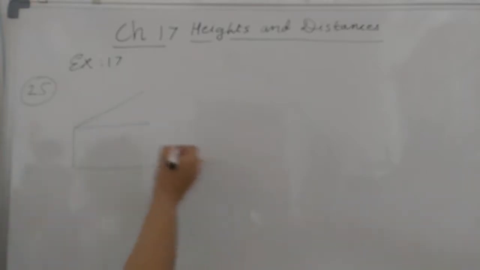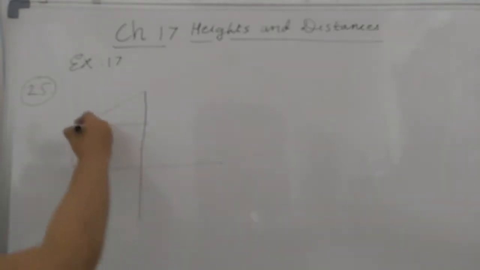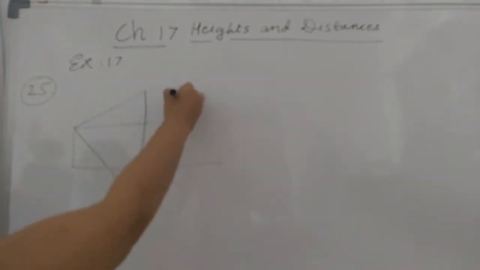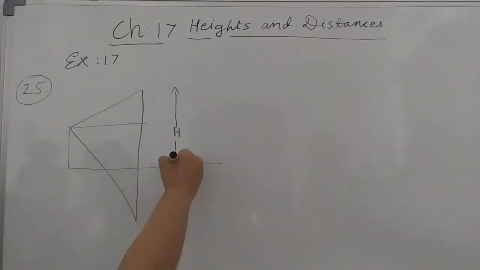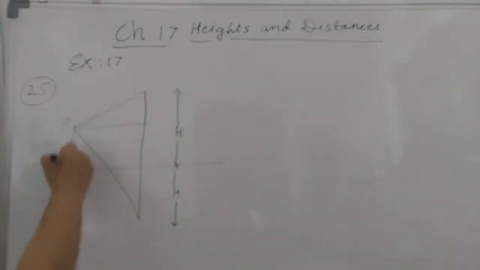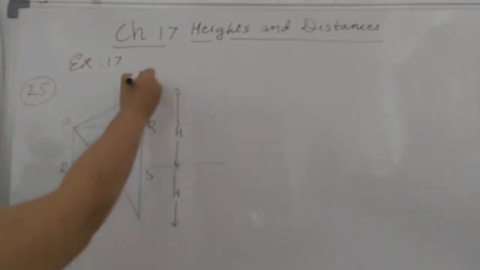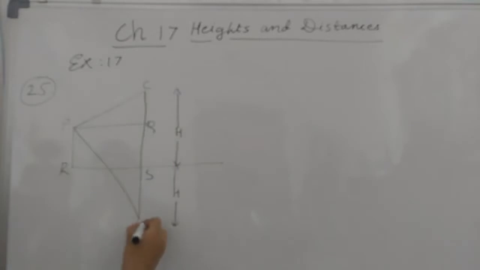The lake is given and its reflection is given inside the lake like this. The total height is capital H, given in the question. How much will this be? It will also be capital H, the same, because it is the reflection. This is P, R, here is S, Q, here is C, and this is T. Now again, the angle of elevation of a cloud from a point 60 meter above.